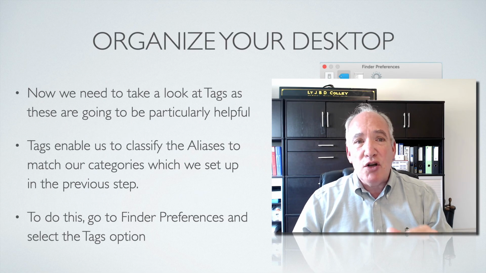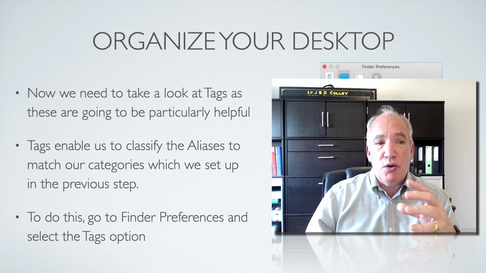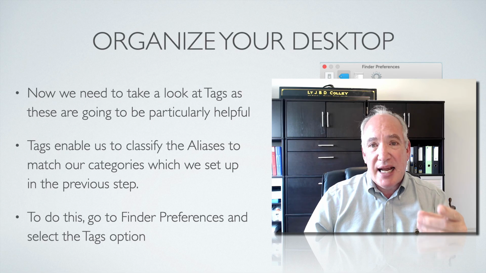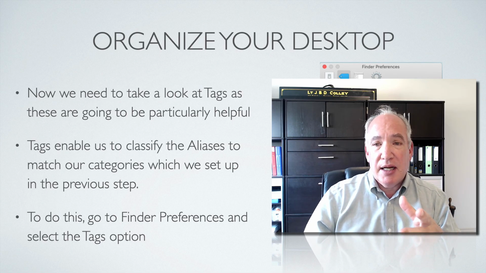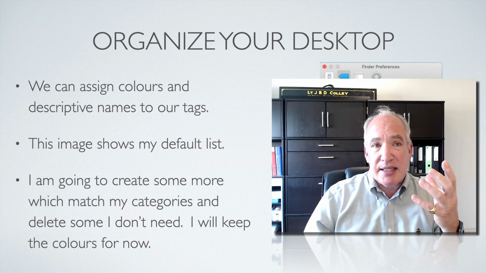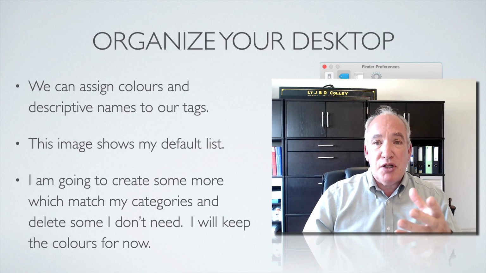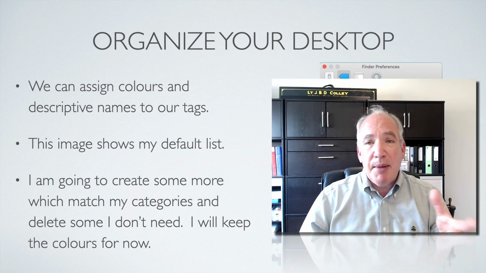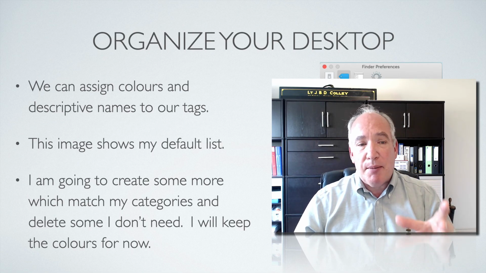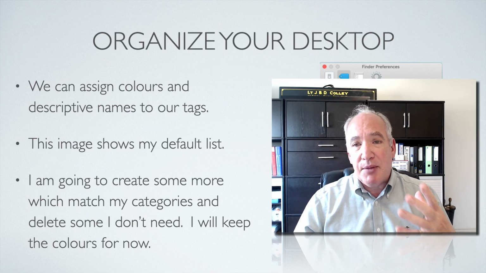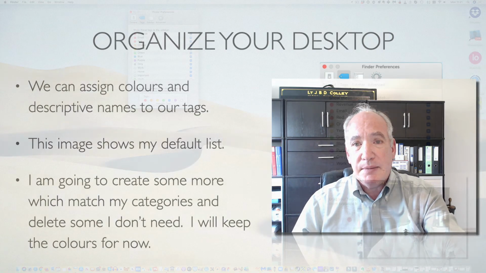So to take a look at tags, you need to go into your Finder Preferences window, and you'll see there's an option that says tags, and up pops this little box. And we can assign colors and descriptive names to the tags. This image shows the default that I've got set up. I'm actually now going to go in and change some of them to some of the categories and delete some that I don't need, but I'm going to keep the colors for the time being.